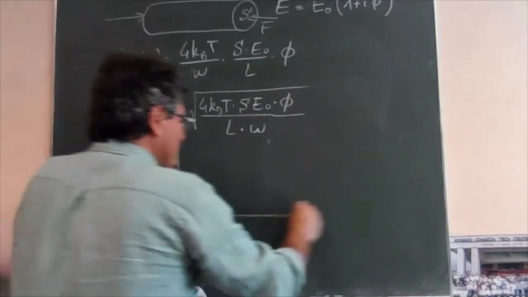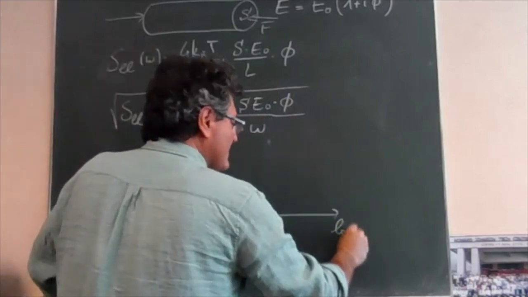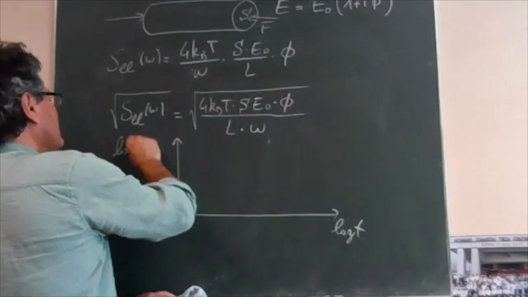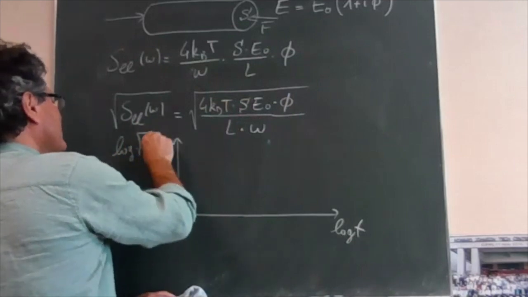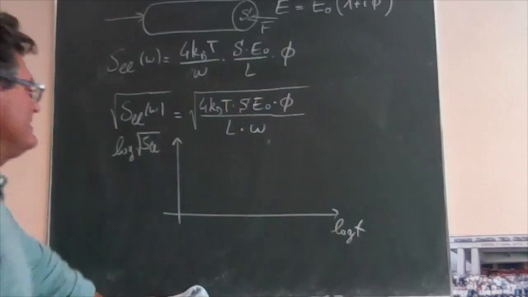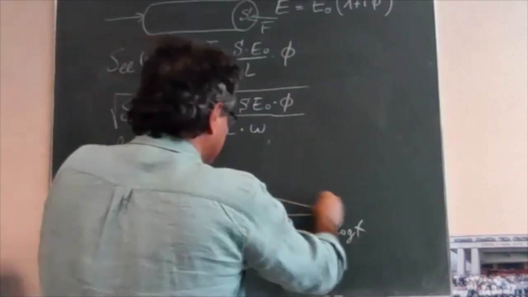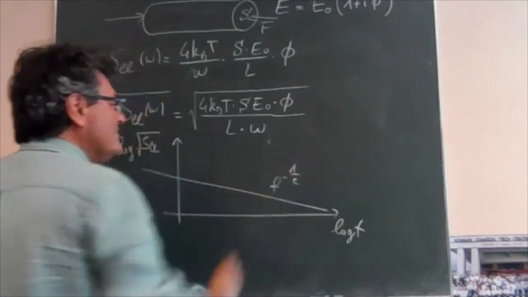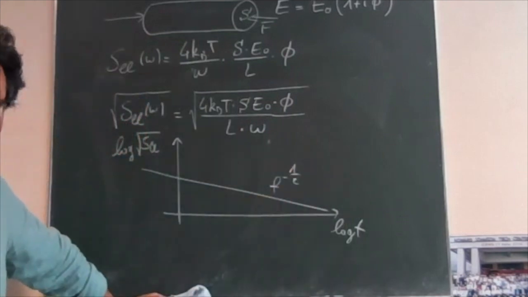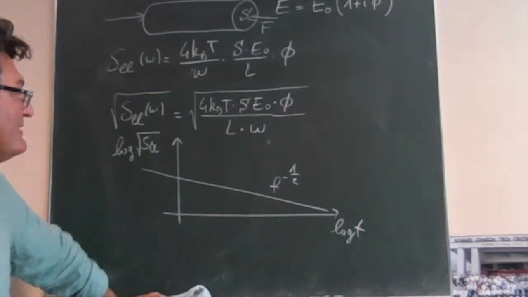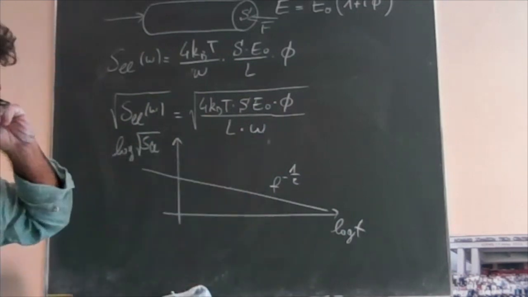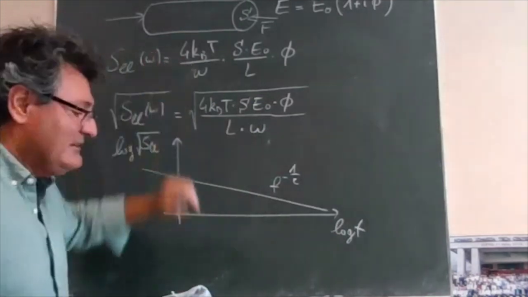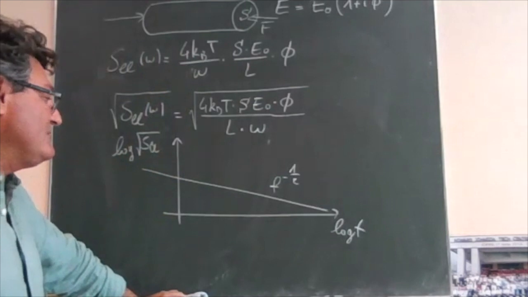And so if we plot this in log of frequency and log of S_LL, okay, this is exactly f to the minus 1/2, thanks to this fundamental frequency dependence that is inside the fluctuation dissipation theorem.